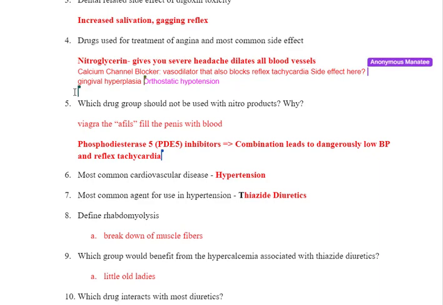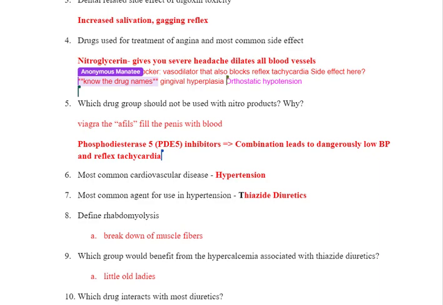All right. Drug group not to be used with nitro products: the phosphodiesterase inhibitors, sildenafil, and all of those. What is the cause of death if you combine them? So what kind of contraindication is Viagra and nitroglycerin?